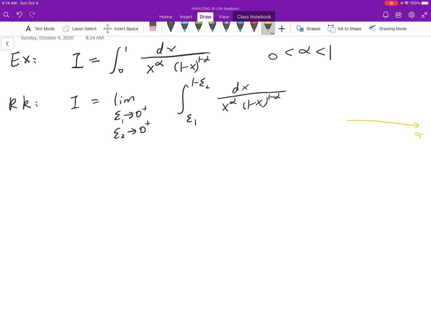this is x, this is the integrand 1 over x to the alpha times (1 minus x) to the 1 minus alpha. Kind of like this.